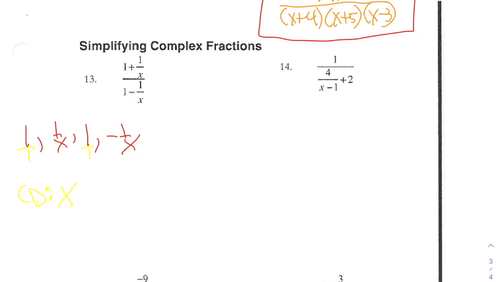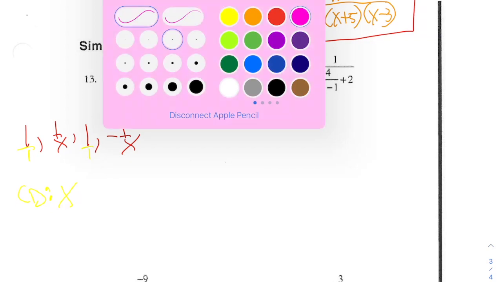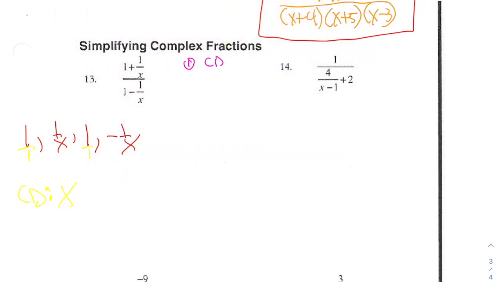And now the strategy here is once you identify your common denominator, that's like your first step. The next thing is you're going to multiply every term by that common denominator. So I'm going to multiply everything by x.